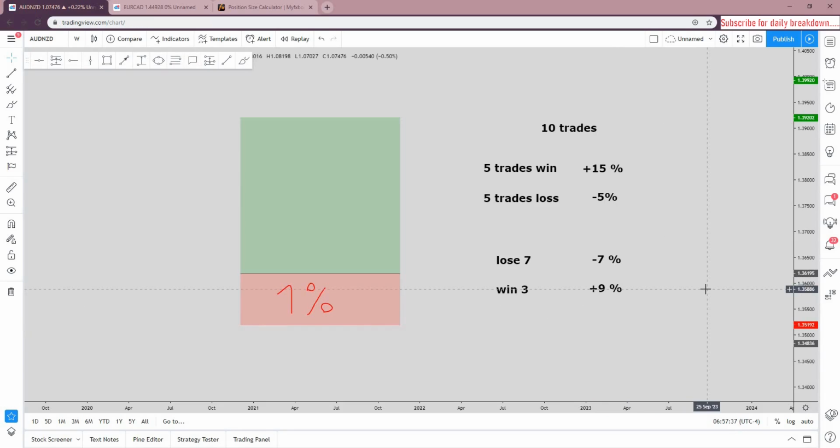So you lost 7 trades and you're still in profit. And that is the secret of trading. That is the real holy grail of trading. The reason you need to position yourself in the market this way is that even if you have a very bad win rate, you will still come ahead in this game. It's a very, very important concept.